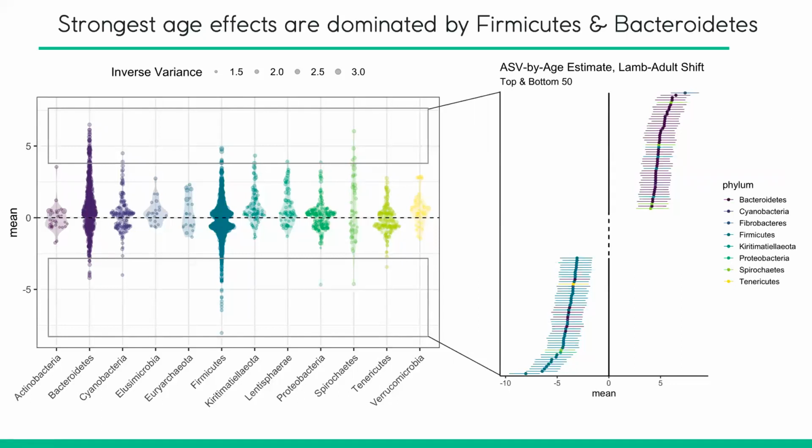And these are two phyla which we know are really associated with aging, in particular in humans, and also with metabolism. So we're starting to get a sense here that being able to pull out these taxonomy specific results might start to give us an indication of what the functional changes are across ages, or indeed across other host factors that we can build into the models at a later point.